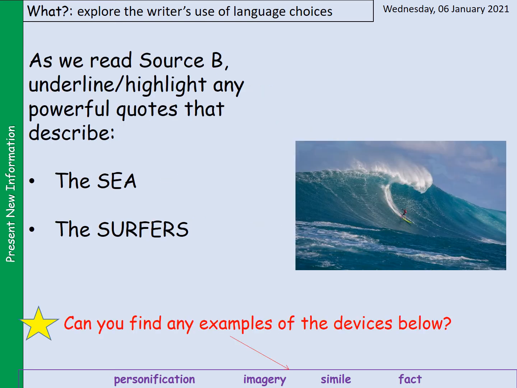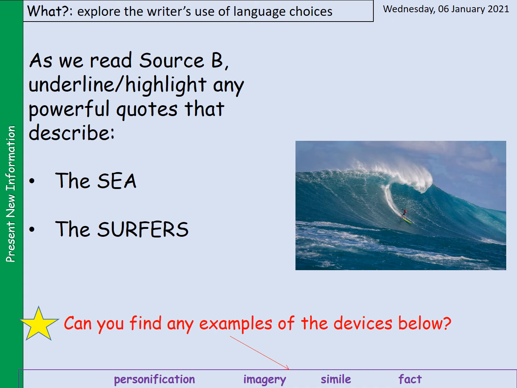So we're looking at source B, the same source you used for question 2 yesterday with Miss Crowhurst. As we are reading through, I want you to underline or highlight any powerful quotes that describe the sea and the surfers. If you can challenge yourself, can you find any examples of the devices below?